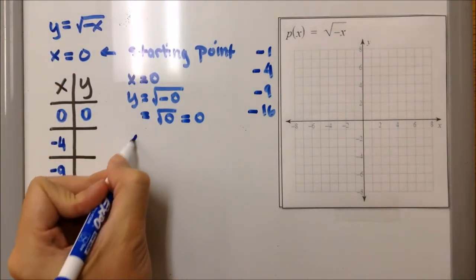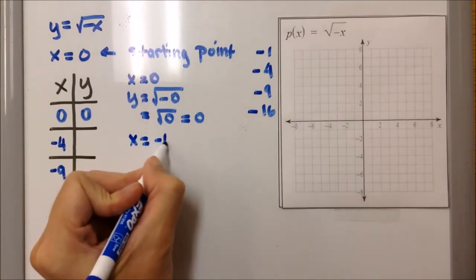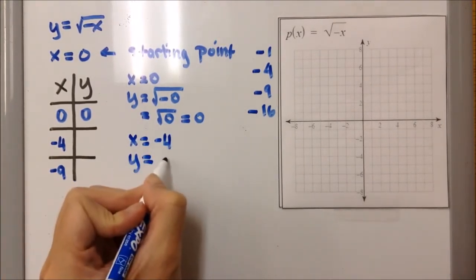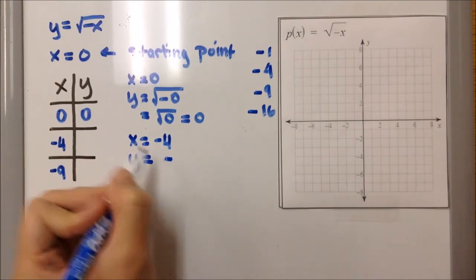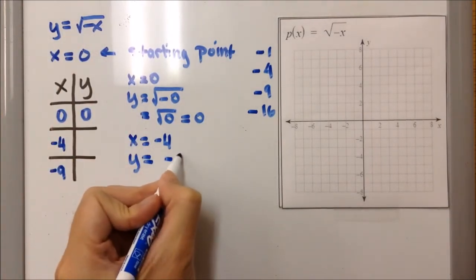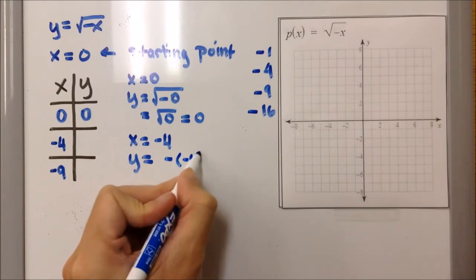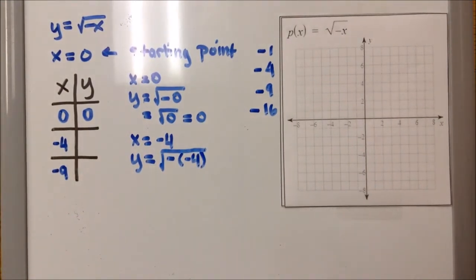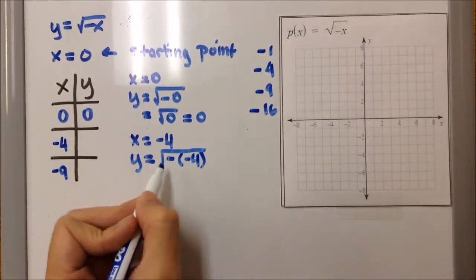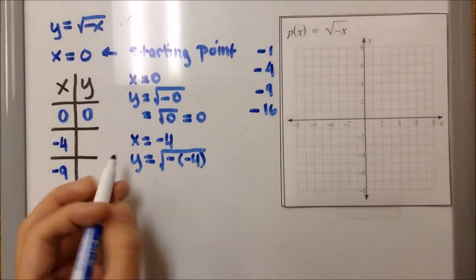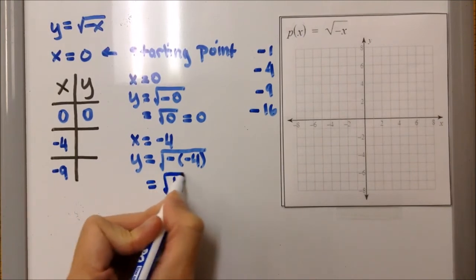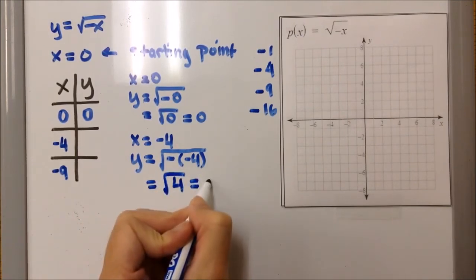Now we're going to do x equals negative 4. Again, we have the negative from the function, and now it's -4 that we are plugging in inside the square root. Since we have -4, that will change into a +4, and we are able to do the square root of it, which is 2.